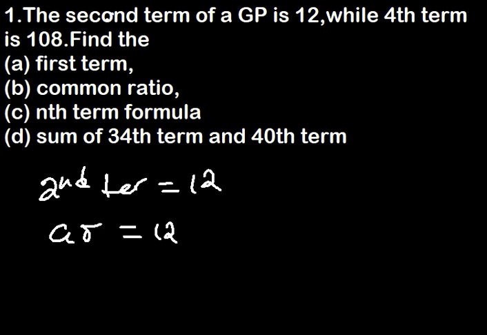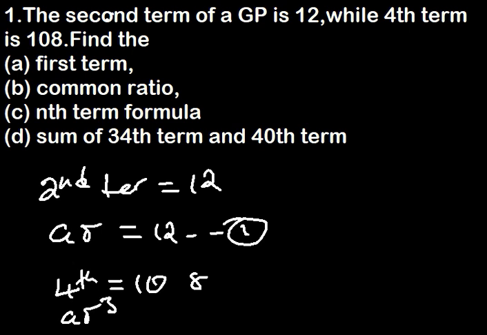Since the first term and the common ratio are unknown, this should be the first equation. While the fourth term is 108, and the fourth term formula is AR to the power 3, so AR to the power 3 is equal to 108. This is given as equation 2.